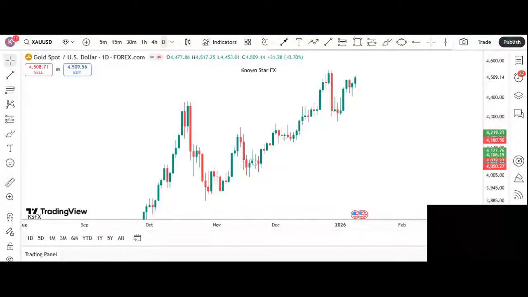Why? The simple answer is that there are a lot of pending orders resting at those zones. Where do those pending orders rest? At those major zones, where the financial institutions, the big boys that move the market, are waiting to execute their positions. And that's exactly what's happening, right? Are we together?